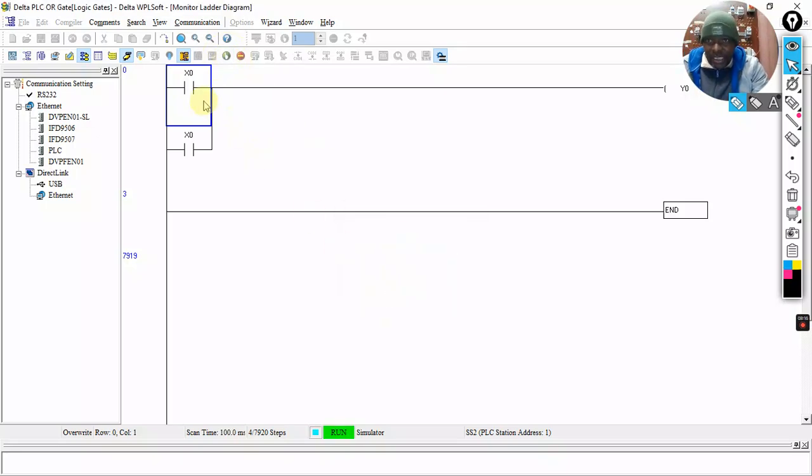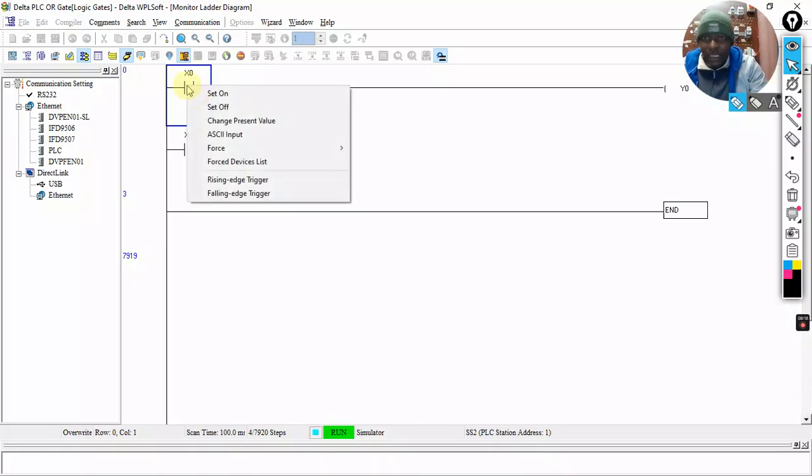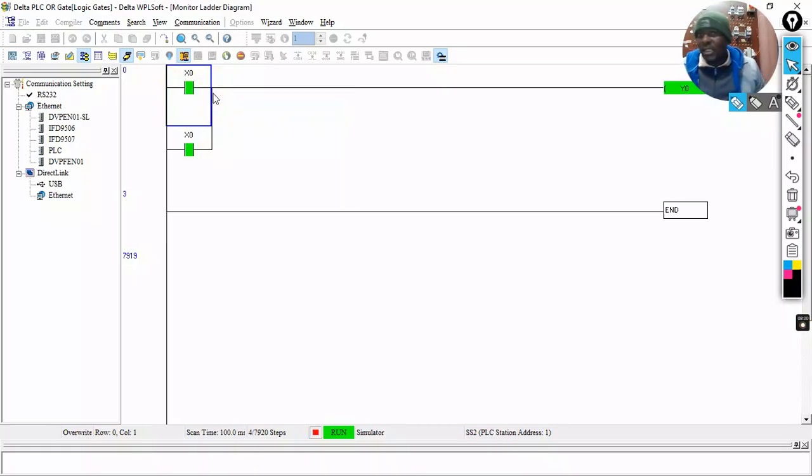If you now set any one, because if I set this on, obviously the other one goes on as well. So it's like you have a one input OR gate. It's like your OR gate has its inputs wired together. Your two input OR gate is like they are wired together.